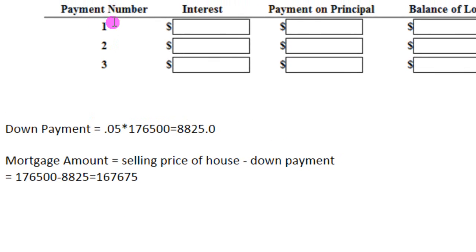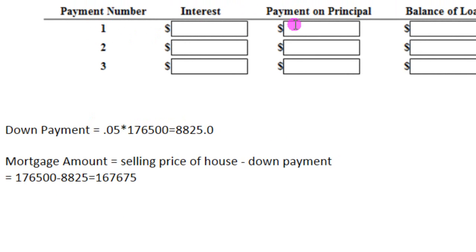Especially for payment number one, we're owing the entire amount of the loan. And so our principal amount for payment number one of our loan is $167,675. We're going to use that to be P in our simple interest formula. Interest equals principal times rate times time. Okay, so hang on. So this is what we're going to compute next.